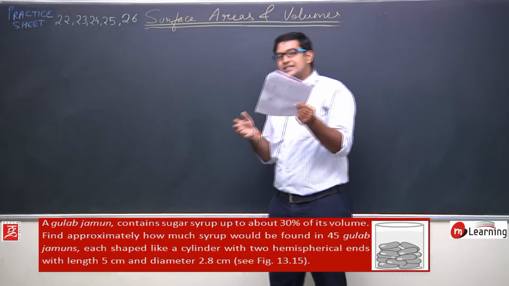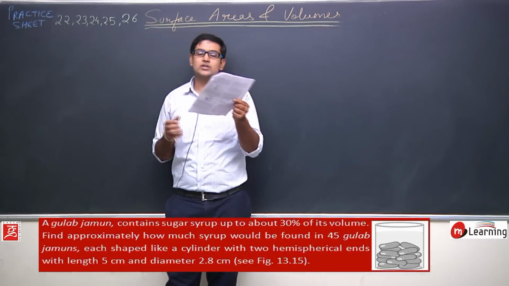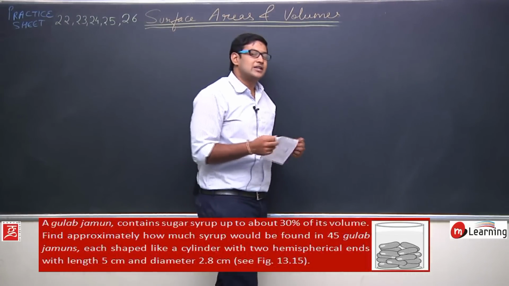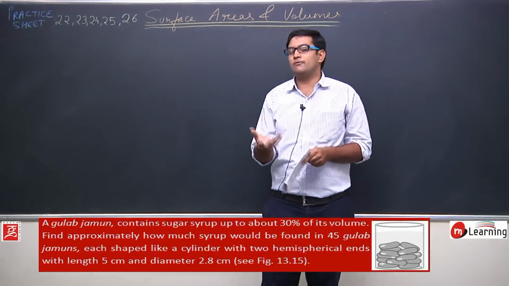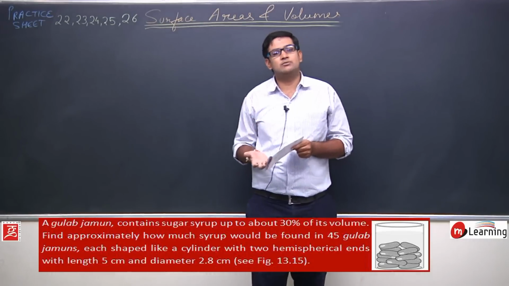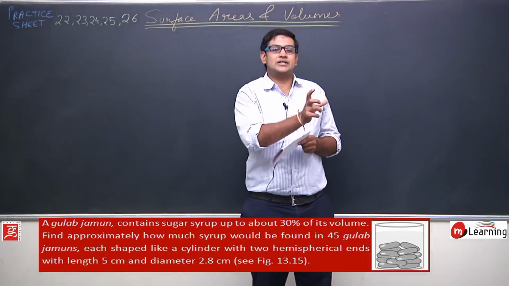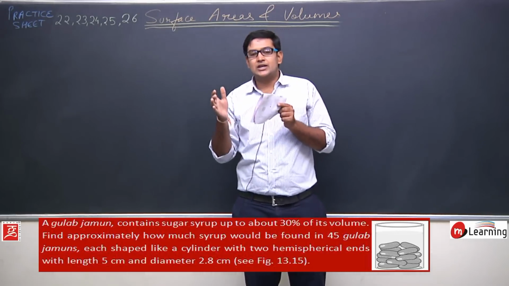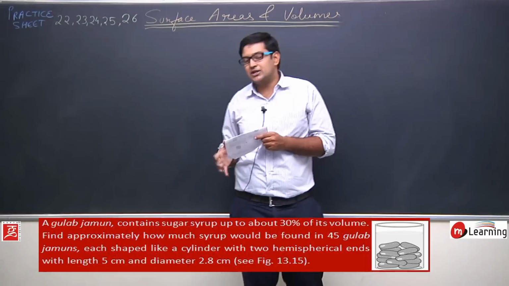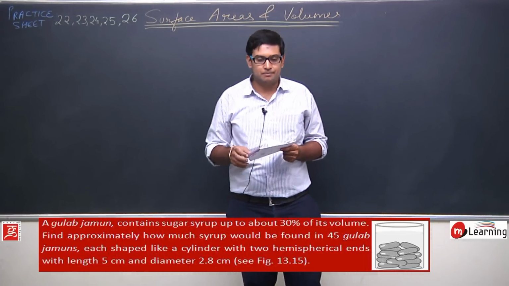Okay, so what it says is that the gulab jamun contains sugar syrup of about 30% of its volume. Now, let us say the volume of one gulab jamun is 100 ml. It means that the gulab jamun should contain 30% of its volume, that is, 30% of 100 ml is 30 ml, so each gulab jamun will contain 30 ml of the sweetening syrup.